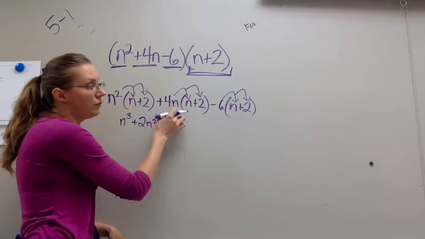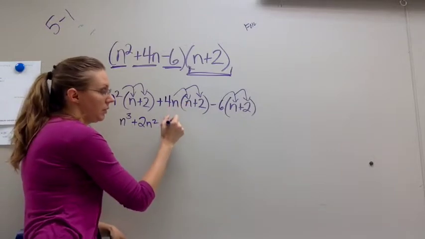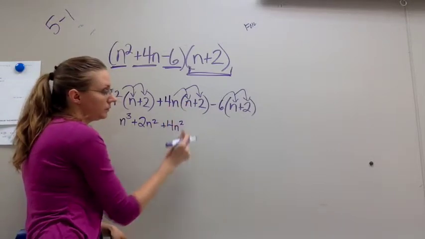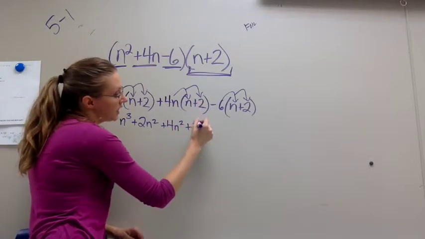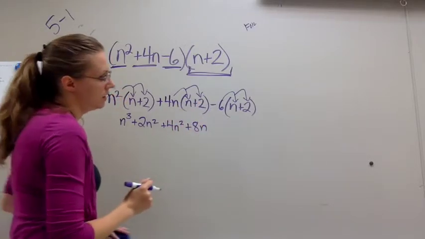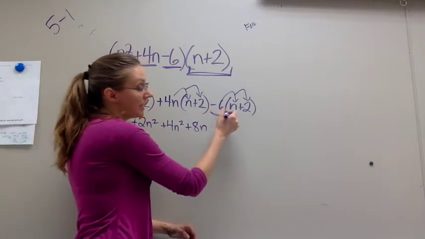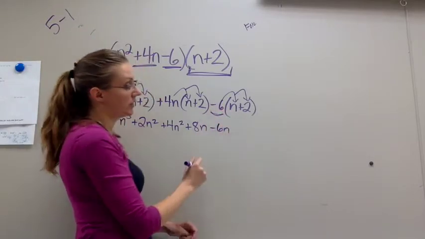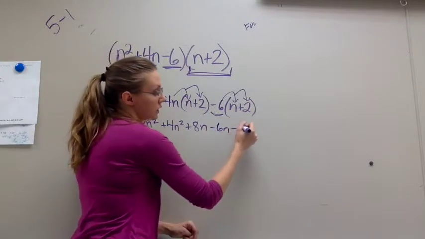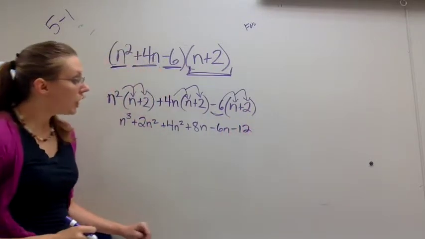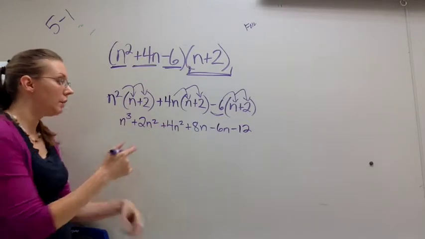Now we're going to have a positive 4n times n, which is going to be a positive 4n squared. Positive 4n also times a positive 2, plus 8n. Here we have a negative 6 times n, minus 6n, and a negative 6 times a positive 2, which gives us a negative 12.